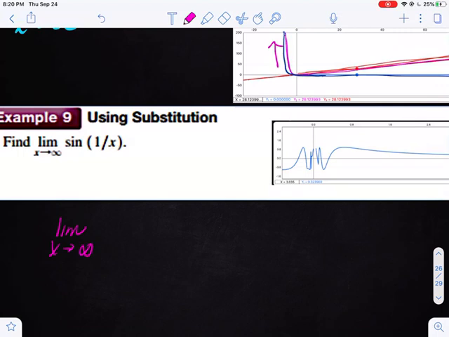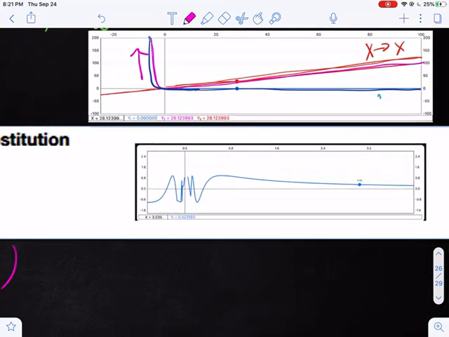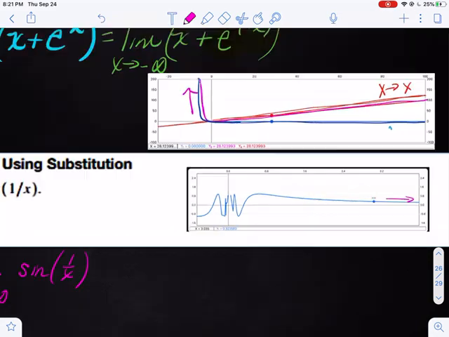The limit as x approaches infinity of sine of 1 over x. So what you're going to have to do here is figure out some way to bridge this. You could take the limit as x approaches infinity and say, well, how am I going to do this? When you look at the graph of this thing, it looks like it's headed down to 0, right?